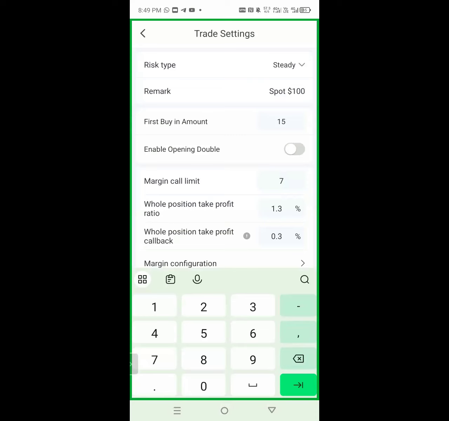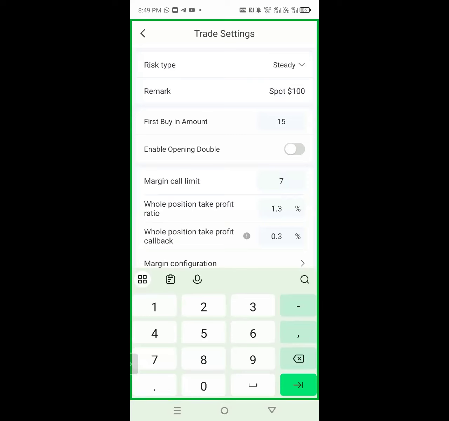So if the trade falls to the first margin call, you are telling the robot to use $15 to buy the first one. If it falls to the second, you are telling the robot to use the second $15 to buy the second. If it falls the third, you're telling the robot to use another $15 to buy the third.